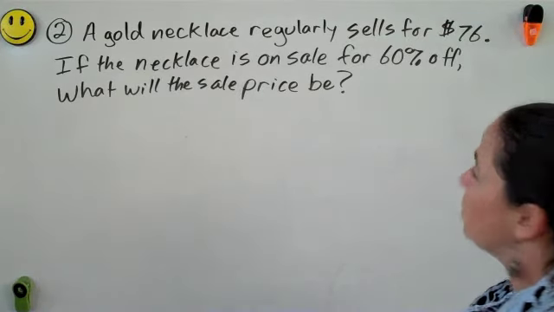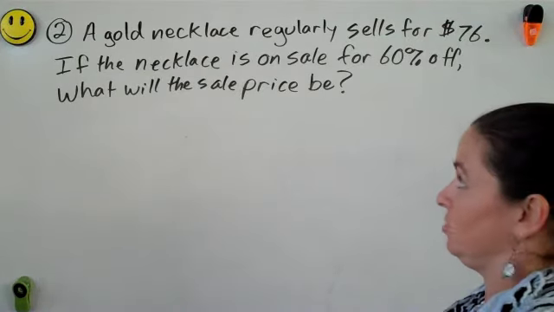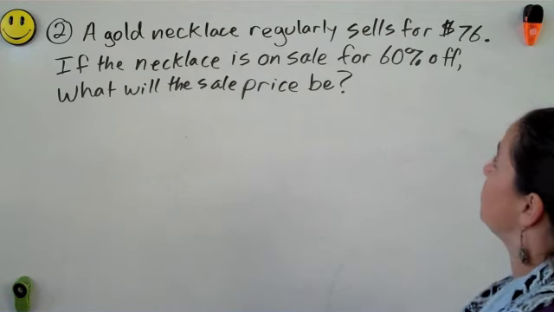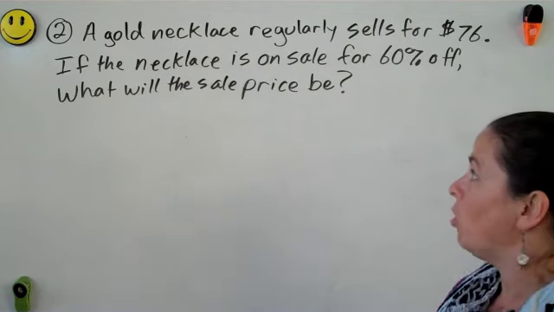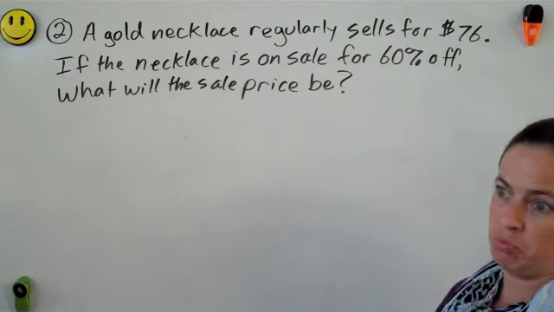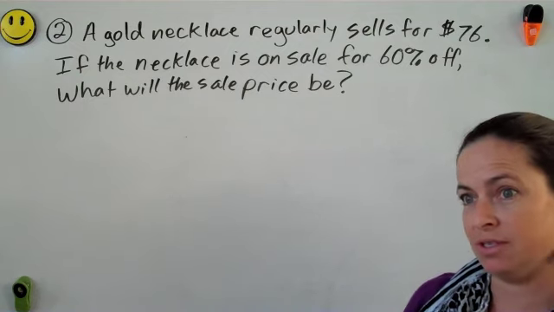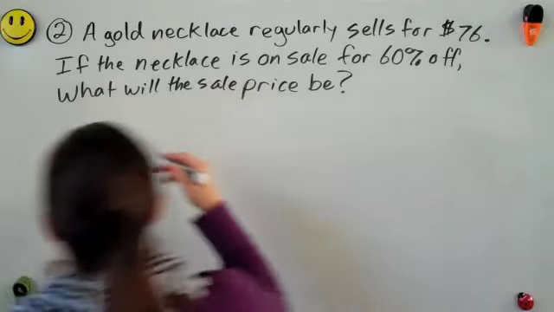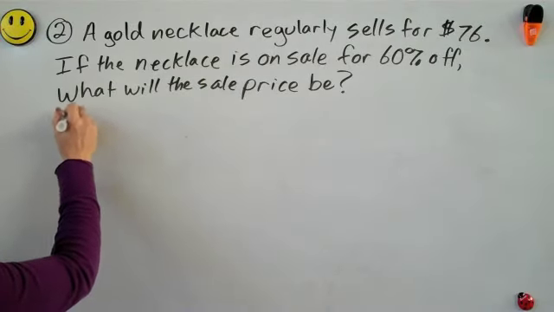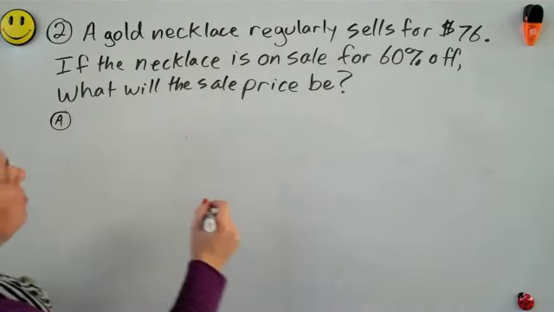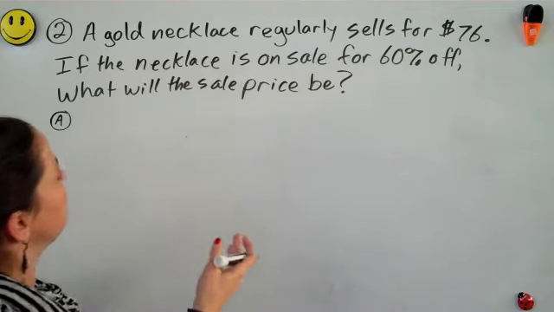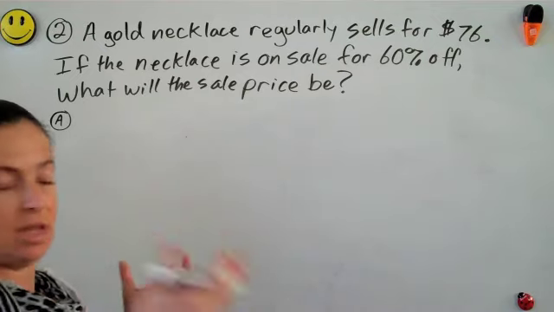A gold necklace regularly sells for $76. If the necklace is on sale for 60% off, what will the sale price be? So, lots of options on how to solve this. Let's start with option number one, which is to figure out what 60% of this necklace is.